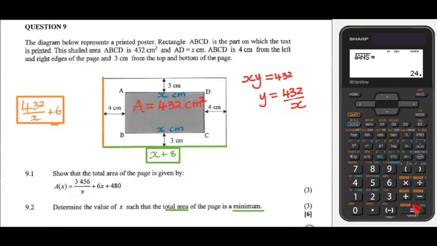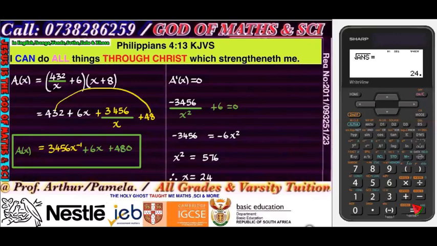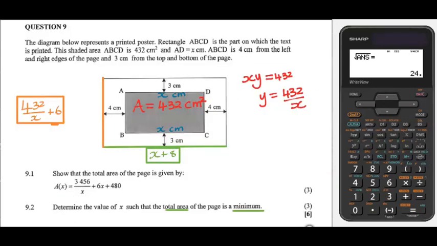It was given in centimeters, so 24 centimeters. Because the square root is plus or minus, x could also equal negative 24, but we discard that, we throw it away. That is the answer, my friend, to this question.